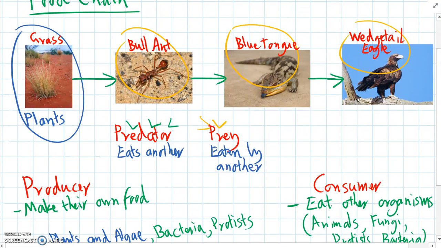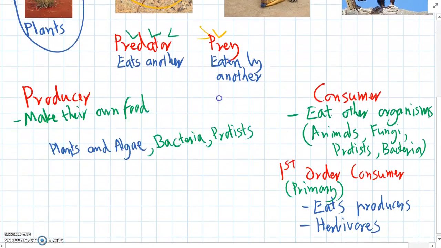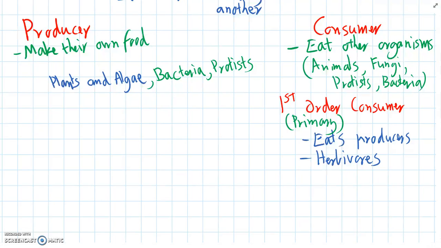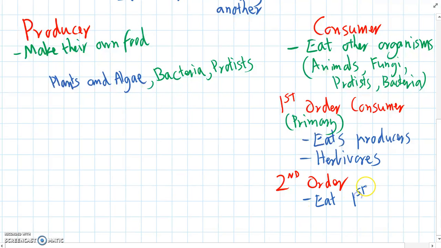If we look at the next animal along, this is the consumer that eats the first order consumer. So our blue-tongued lizard, we will call our second order consumer. And these eat the first consumers. And seeing as these ones eat other animals, second order consumers are always carnivores, meaning they eat meat only.